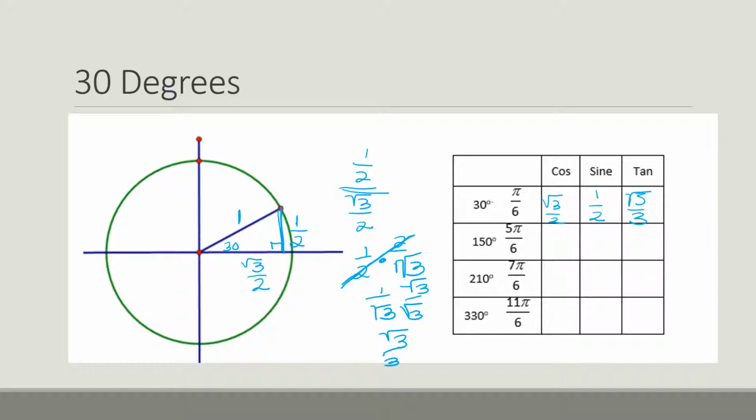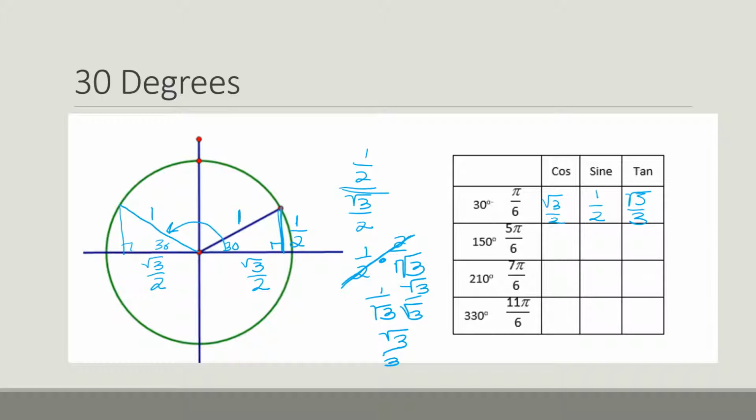Now all of these other angles are reference angles. So if I come over here, this 150 goes from here to here, but it has a reference angle of 30 degrees. That means that things are almost the same, using the 30, 60, 90 triangles.